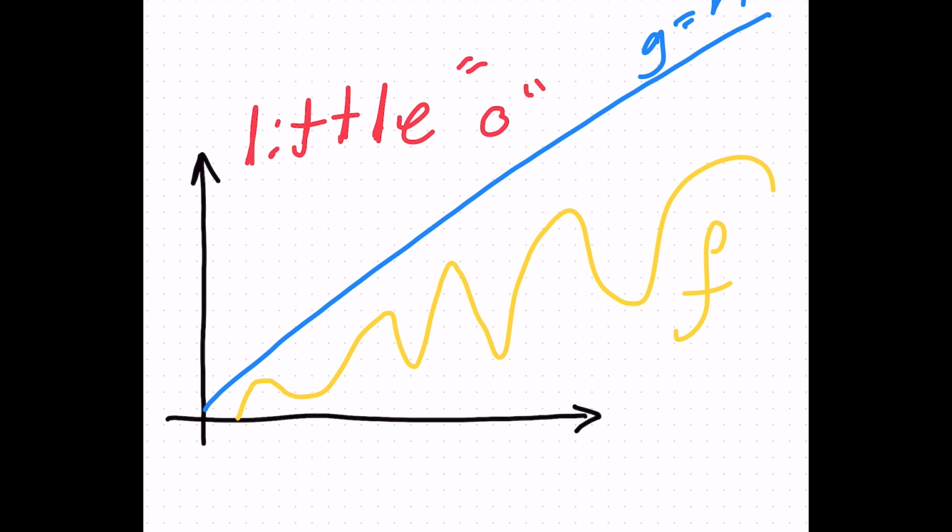So it will give us some idea of an upper limit, but it's not as strict as big O, because it will give us some room. So we will know that f will not run as bad as linear time. It will be just a tad less than linear time.